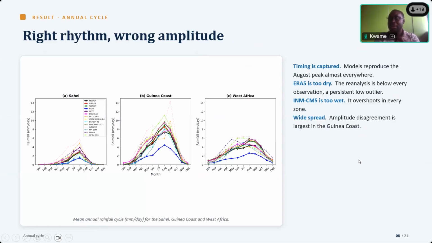So ERA 5 is consistently giving a dry bias, and the INM model from the Russian Institute of Numerical Mathematics is always having a wet bias. So in most cases, we are seeing an overestimation over here in the sub-regions and the entire West Africa. So when it comes to the Guinea Coast also, we see that the amplitude disagrees most over the Guinea Coast.